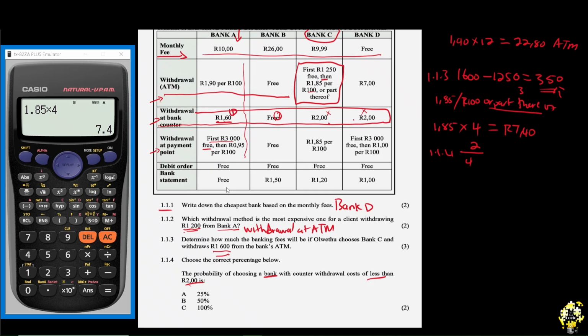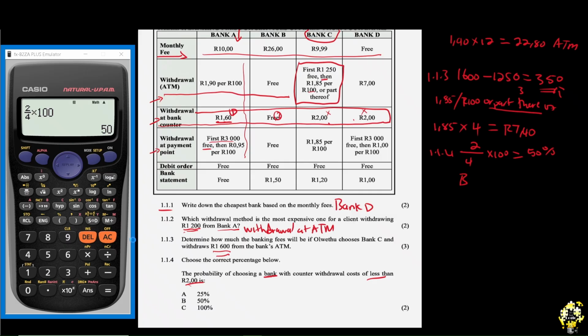Did they say it's a percentage? Yes, because the options given to us are as a percentage. So we multiply by 100. What happens when we say 2 divided by 4 and multiply that by 100? We actually get 50%. So this means it's option B.